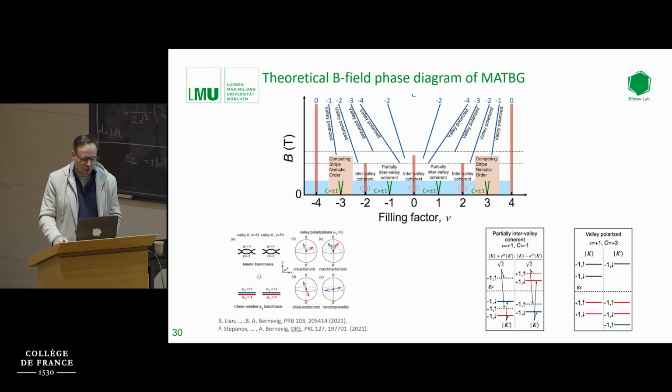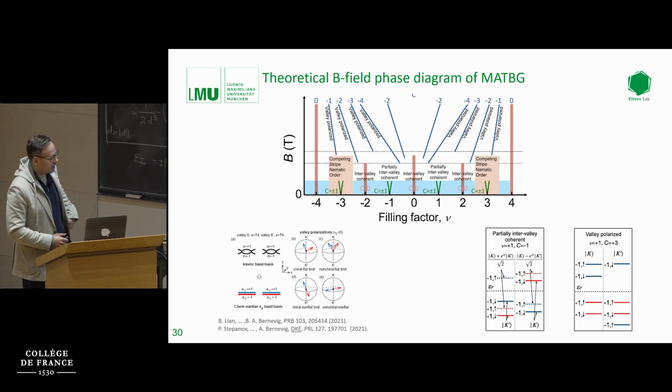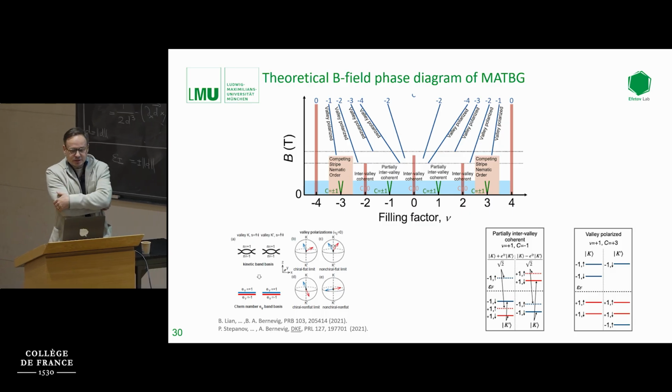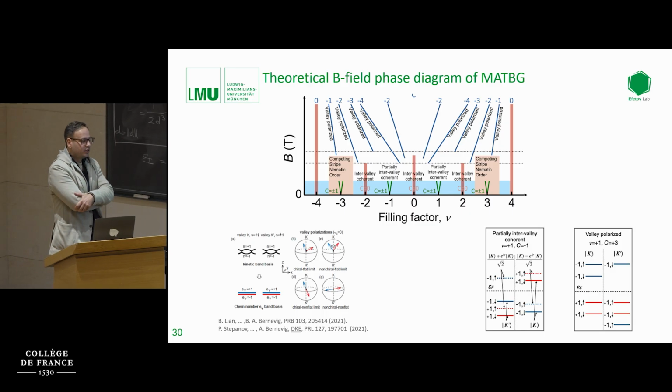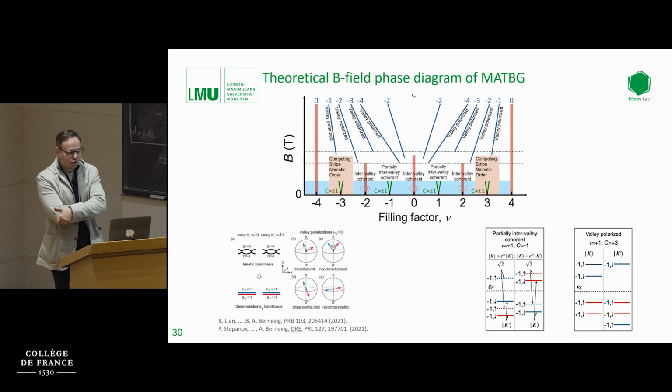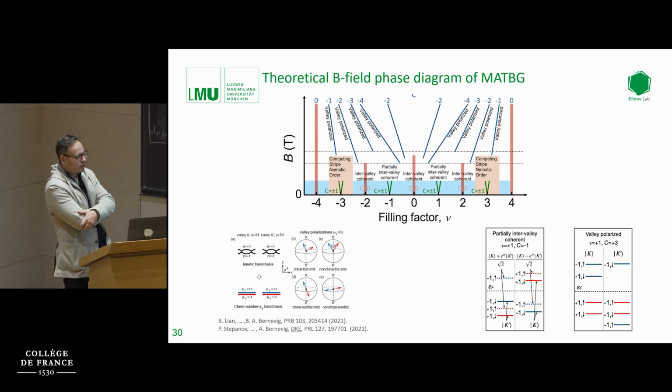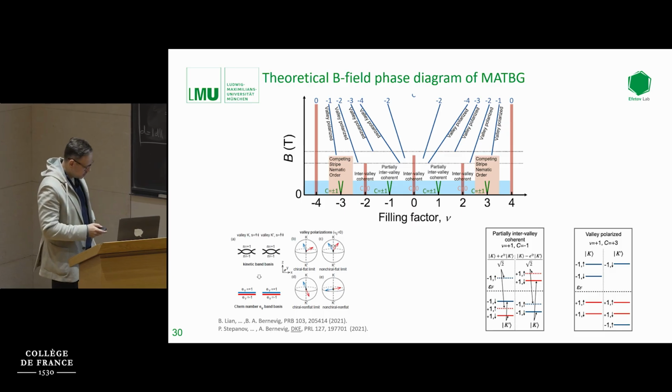And how do you break symmetries? You need to gap out the system by breaking C2T symmetry. One simple way to do it is to break time reversal symmetry, which is something you achieve in high magnetic field. This is again related to the Chern numbers that I showed you before.